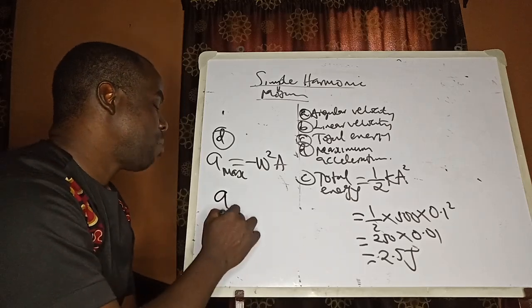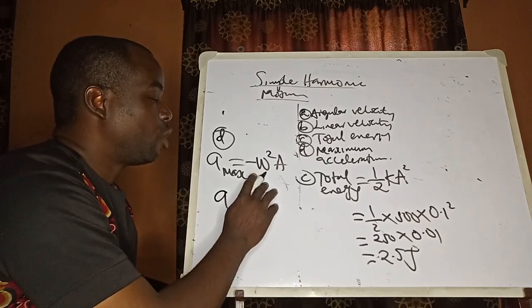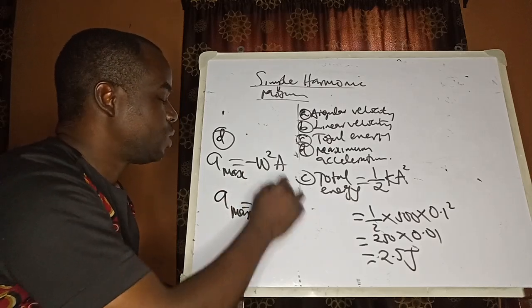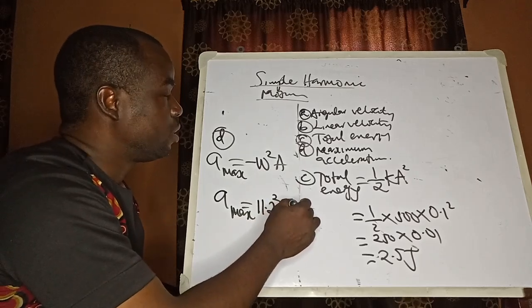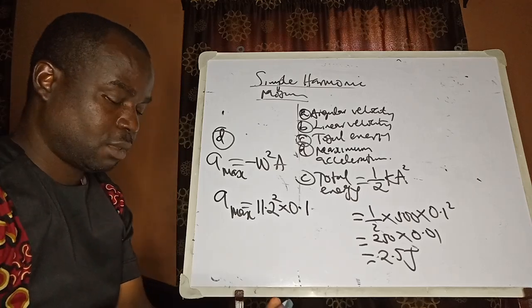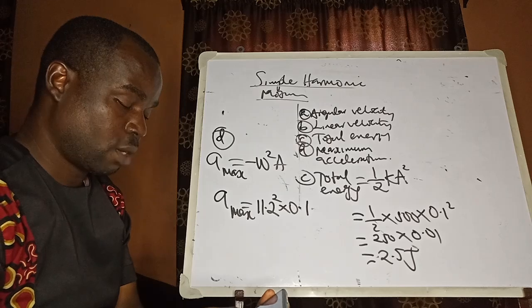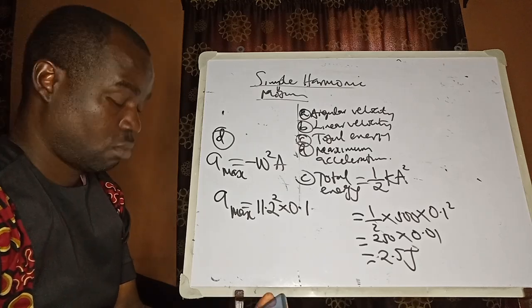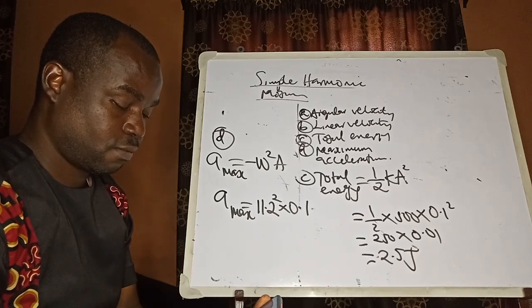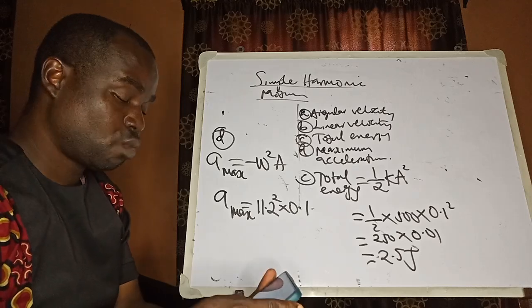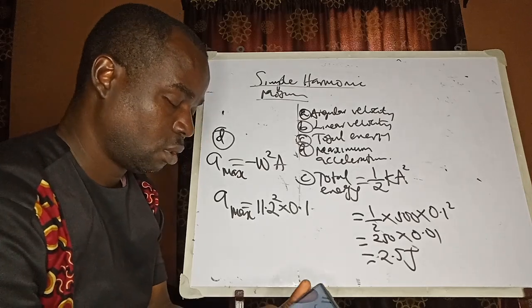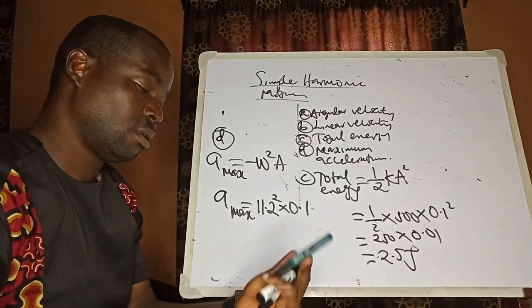So our A max will now be, our W is 11.2 squared times A. What's our A? 0.1. So 11.2 squared times 0.1. 11.2 squared gives me 125.44.